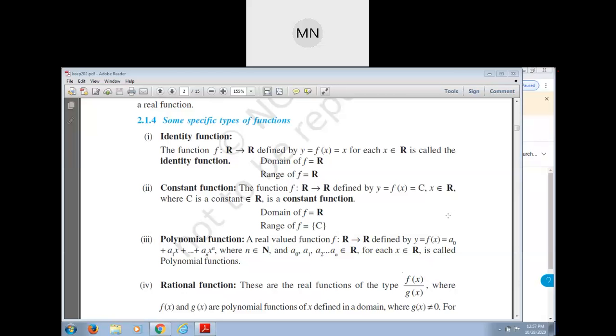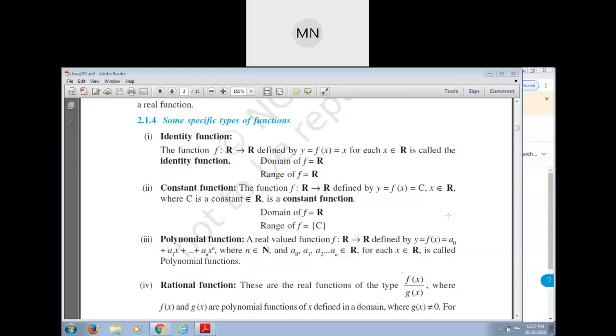Here it's very important: x power 1, x power 2, x power 3 up to x power n, these n are natural numbers. But a naught, a1 and so on are coefficients, and these coefficients are real numbers. This type of function is called a polynomial function.